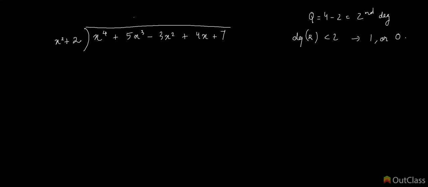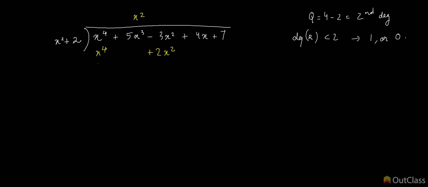First step, we'll put a term here that will completely remove the x raised to 4. X square, that will give you x raised to 4 plus 2x square. Notice it, because you don't have an x term here, you'll have to skip a space, a term.